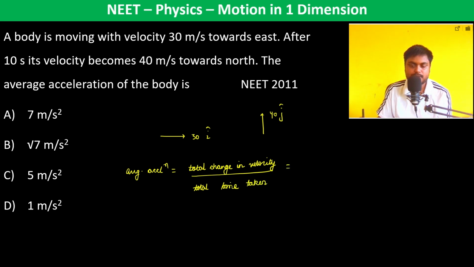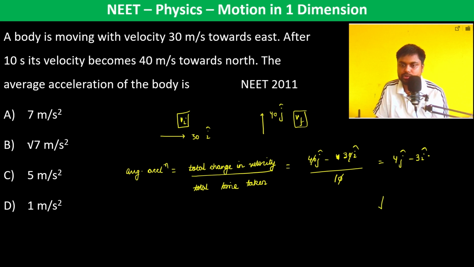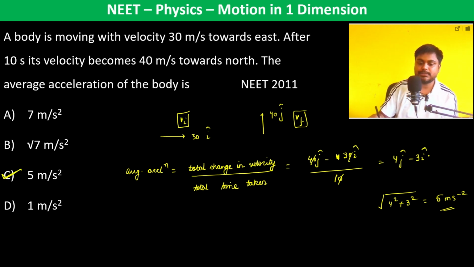The change in velocity is Vf minus Vi, so this is 40 j cap minus 30 i cap divided by 10. Basically this is 4 j cap minus 3 i cap, and the magnitude is root over 4 square plus 3 square, which is 5 meter per second square. So the answer is going to be C.